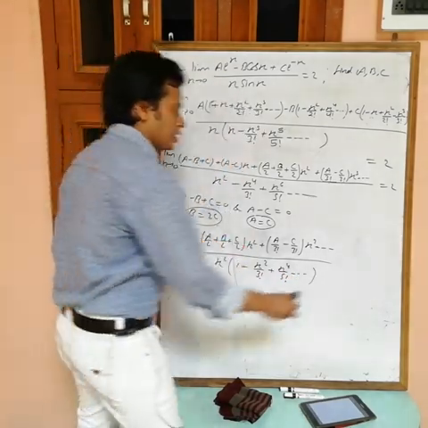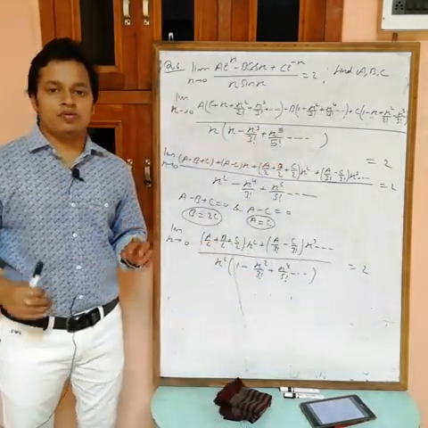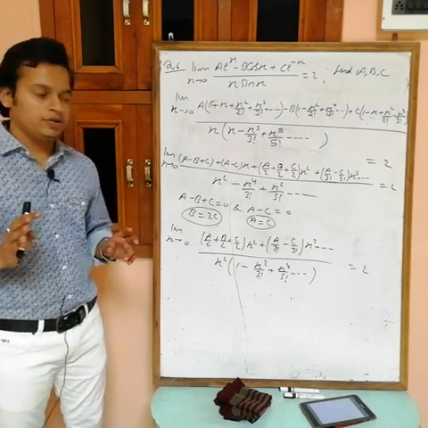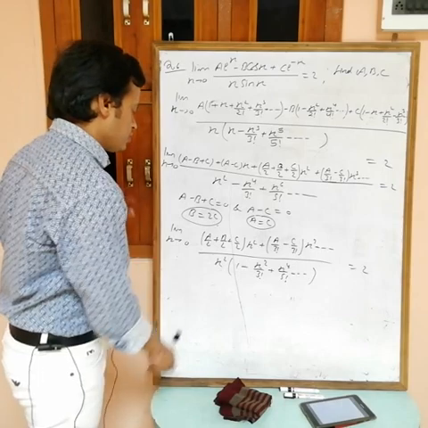Now in the numerator you can take x square common, then x square cancels out, then put x equals 0.